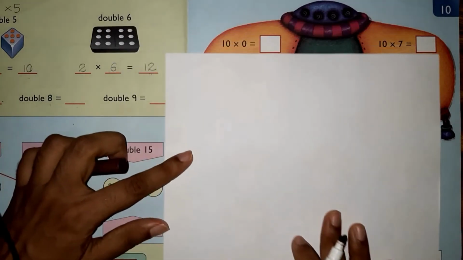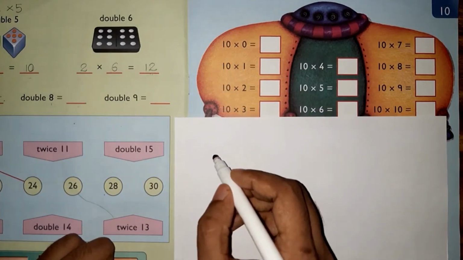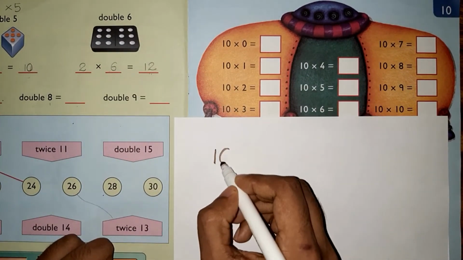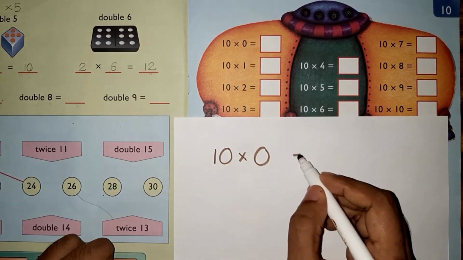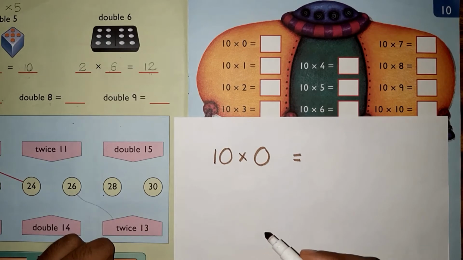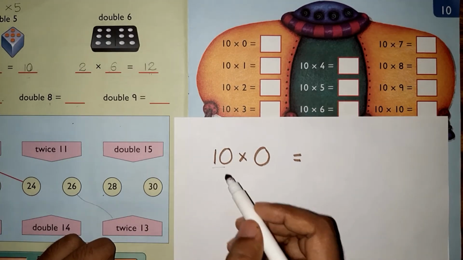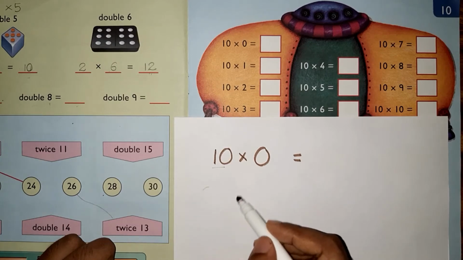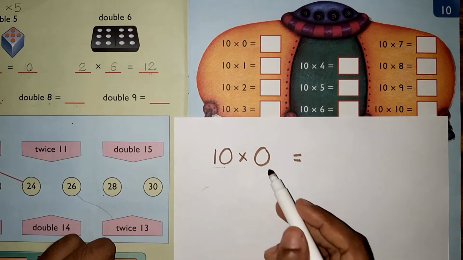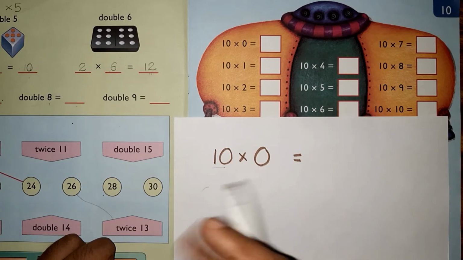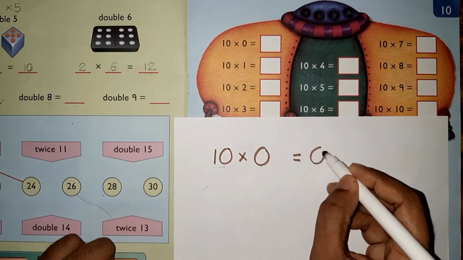First of all, we are going to start from 10 times 0. 10 times 0 is equal to what? 10 times means there are 10 sets with 0 objects. 0 objects means nothing at all. So the answer is nothing.